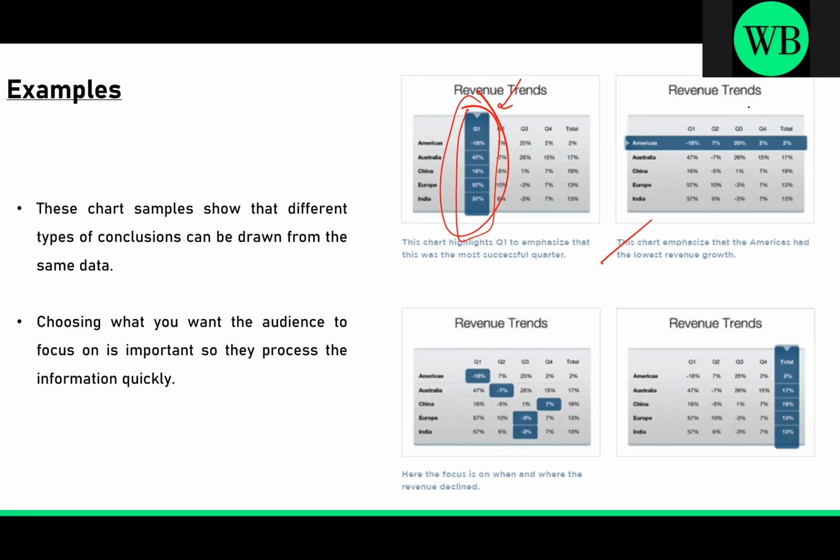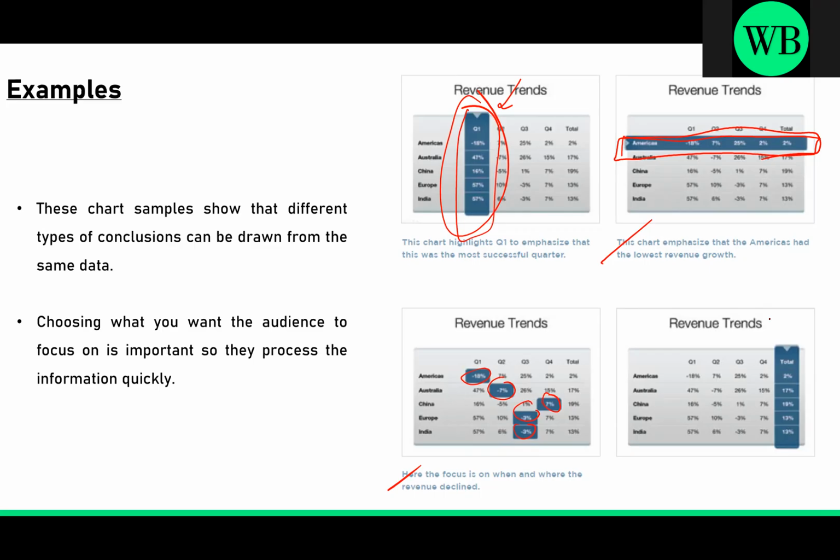This chart emphasizes that Americas had the lowest revenue. So you're showing this entire data, but you highlight this because this is what you want the audience to really focus on. In this case, you're showing here the focus is on when and where the revenue has declined, right? So you have your entire chart here, but you mark out the places where you really want your audience to focus because, again, you want to talk about where the revenue has declined, and so on and so forth, right?